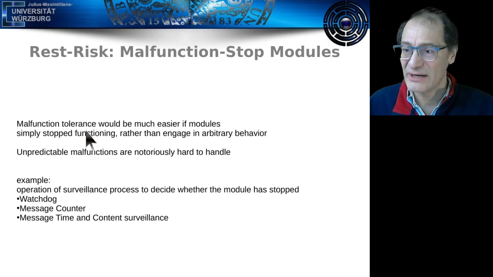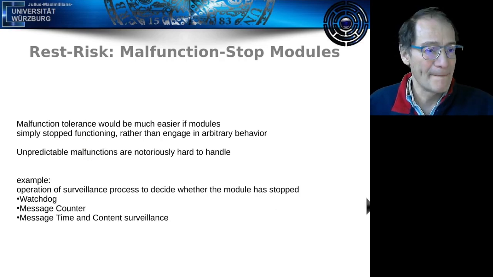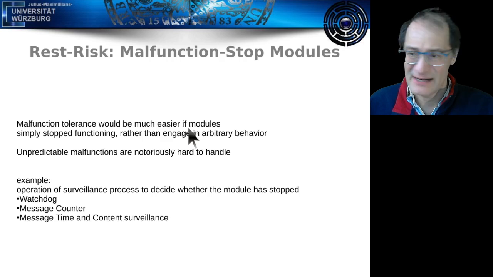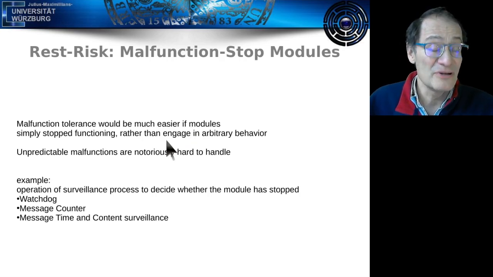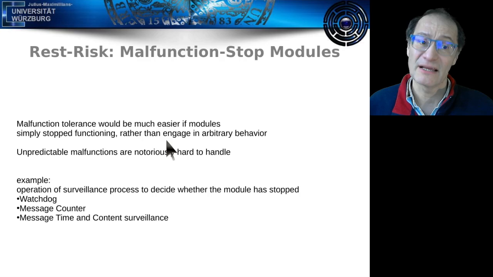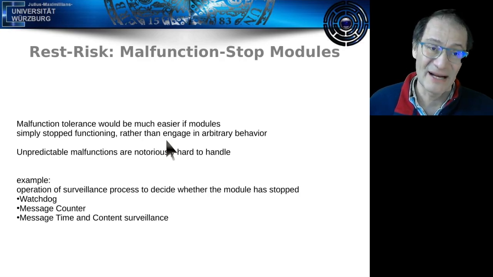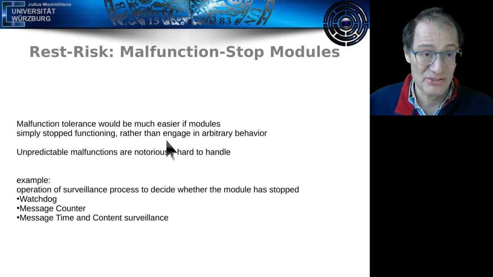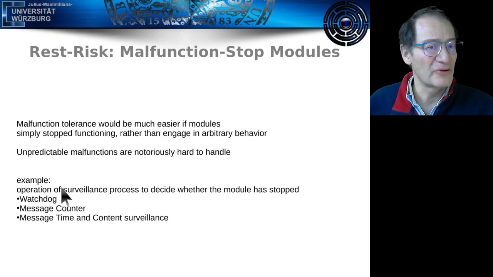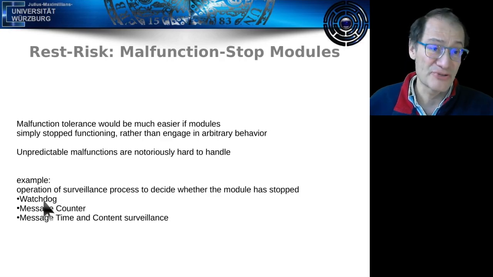lead to an accident. And in any case, remember, malfunction tolerance is much easier if the failed module stops working. If it continues working and sending wrong data, it's much more difficult to detect. So if the system has failed, stop sending data. And what you can do to detect this is, for example, watchdogs.